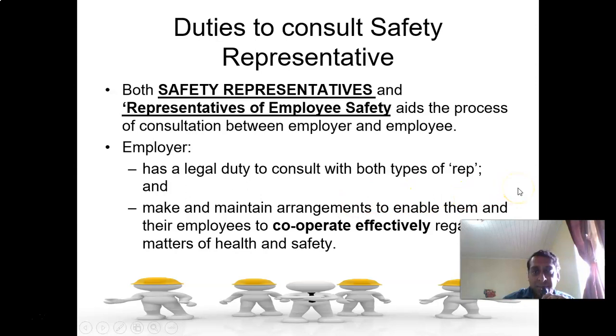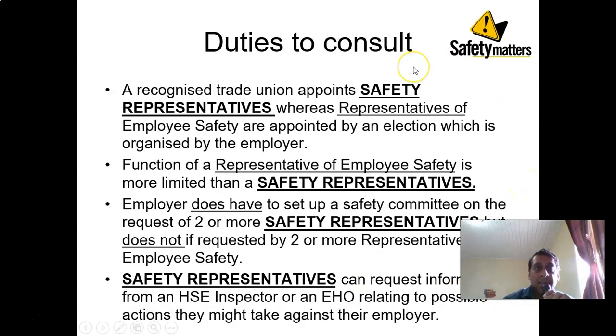So duties to consult: a recognized trade union appoints the safety representative, whereas an election is organized by the employer. The functions of the representative of employee safety are more limited than a safety representative.